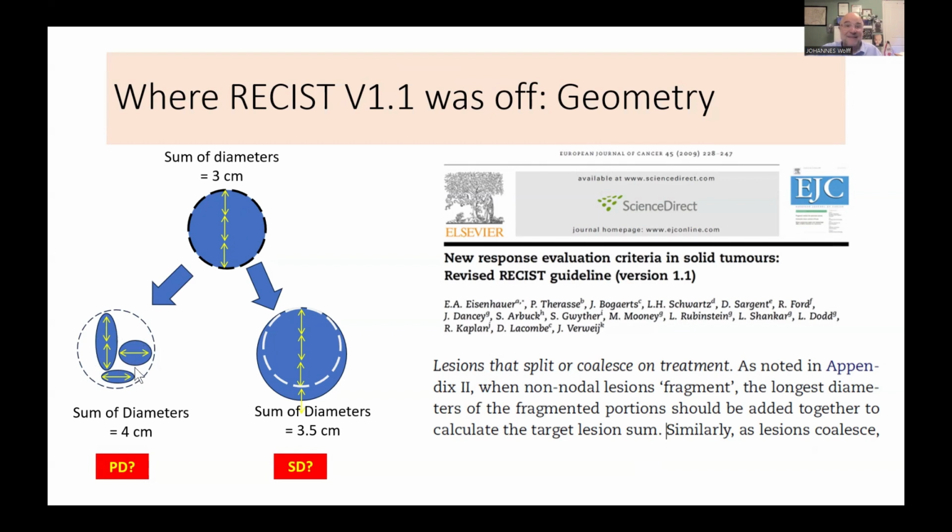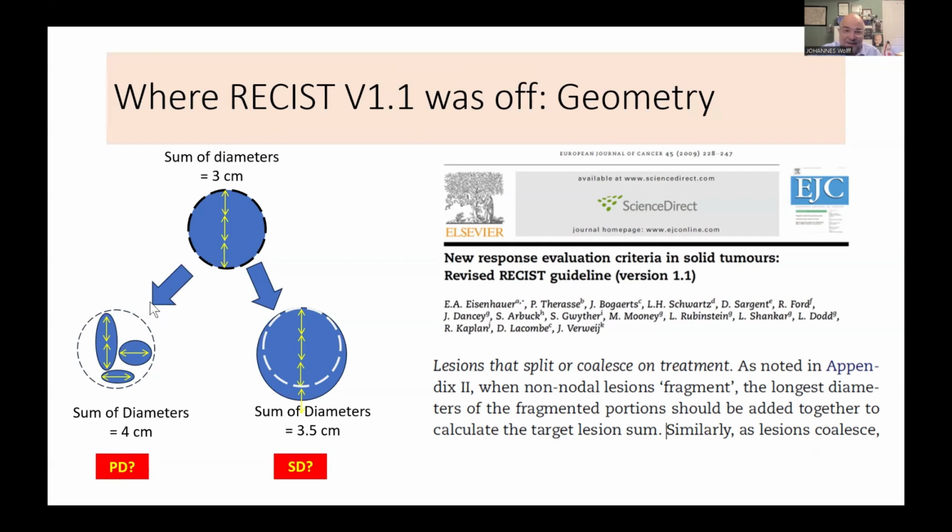That is clearly less tumor. But if you measure this, it is 1, 2, 3. And if you measure those, it's 1, 2, 3, and 4. It is an increase by 25% of the sum of largest diameters. That defines progressive disease.